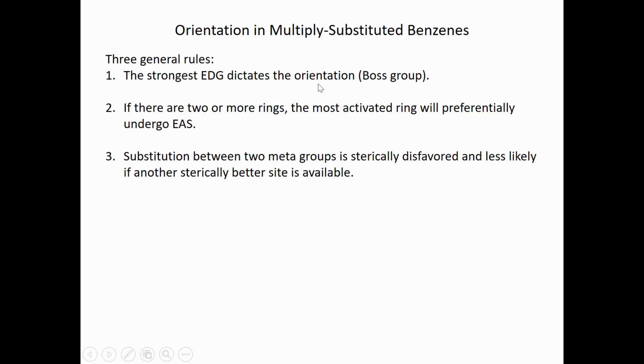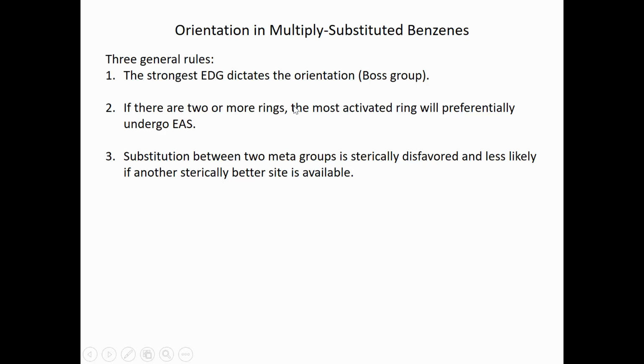The overwhelming concern is that you want to perform the electrophilic aromatic substitution ortho or para to the strongest electron donating group. If there are two or more rings, the most activated ring will preferentially undergo electrophilic aromatic substitution.